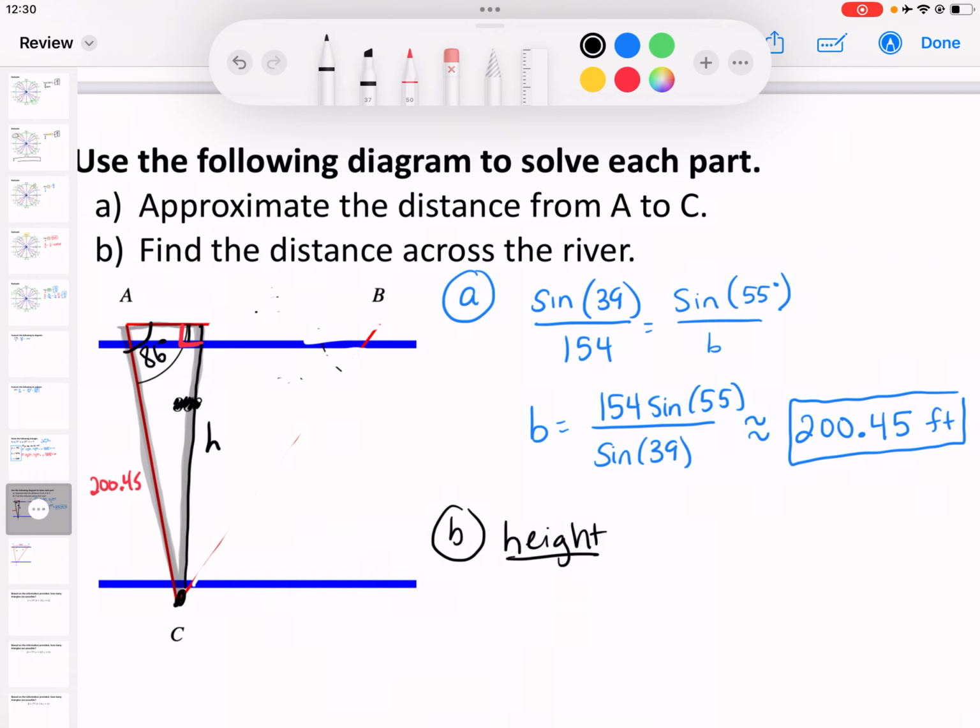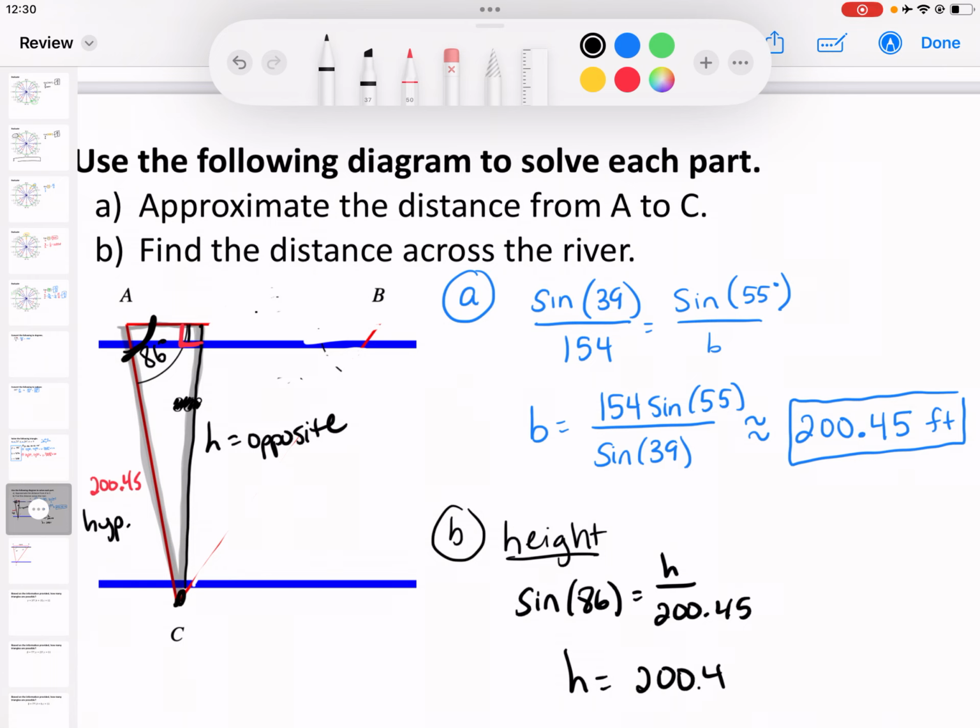So I'm using angle 86. This is my opposite side, the h, and then this is my hypotenuse. So I can go ahead and say sine of 86 degrees is equal to h over 200.45, which means h is equal to 200.45 multiplied by sine of 86, and then you just type that in.